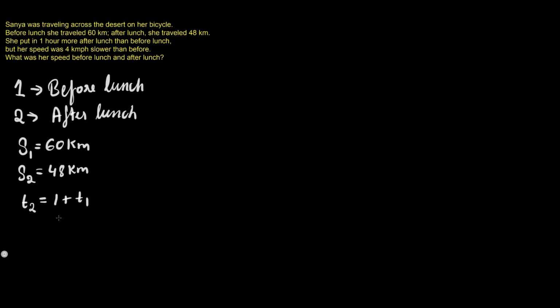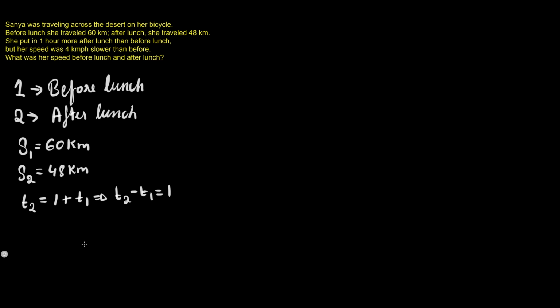So after lunch, she traveled slower. The time taken was longer. There's more time, so we have to add 1 hour. That's the difference. So I'm going to write T2 minus T1 is equal to 1.